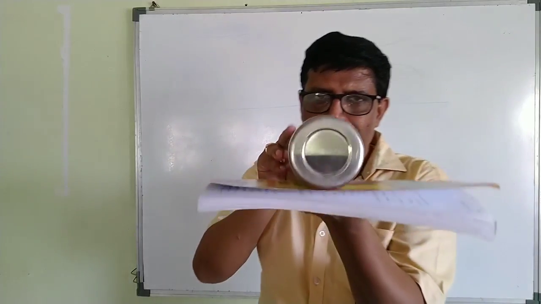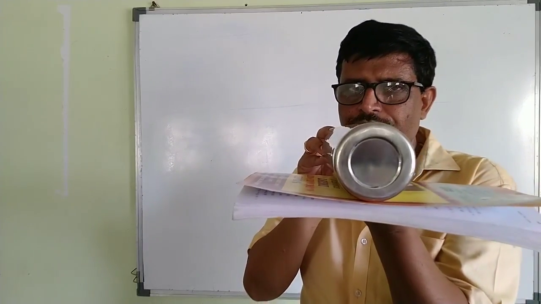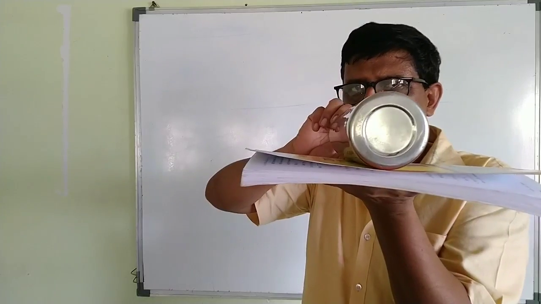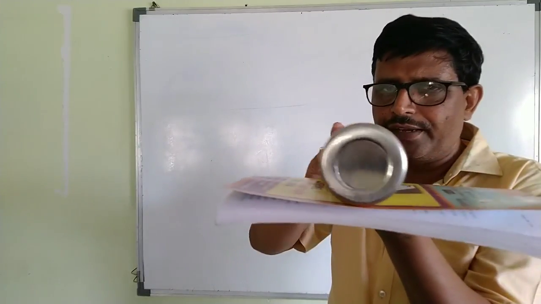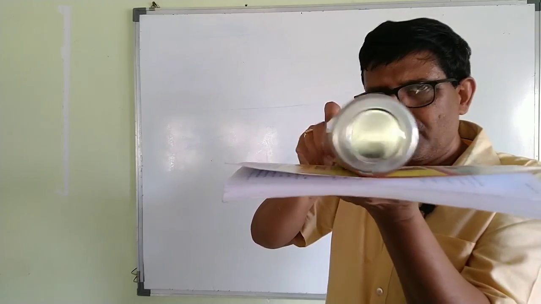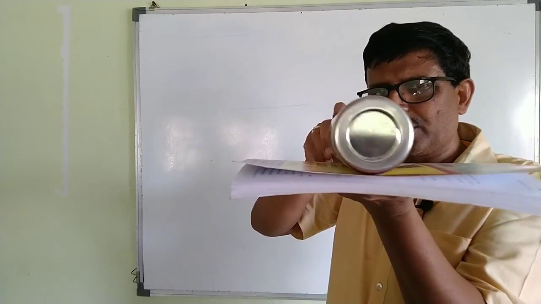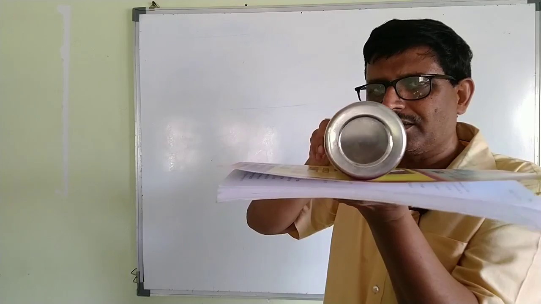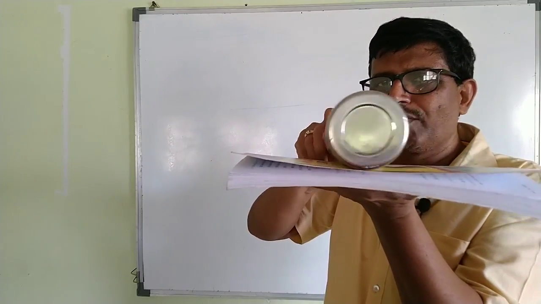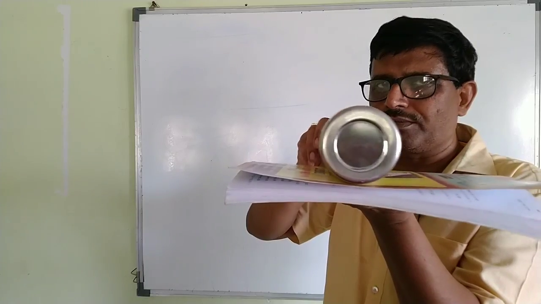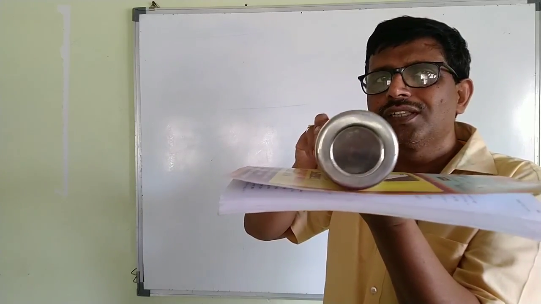Instead of that, I got this cylindrical object, and if it is rotating about the given axis, neither moving ahead nor back, this is pure rotation. Here everyone is performing circular motion about the center.